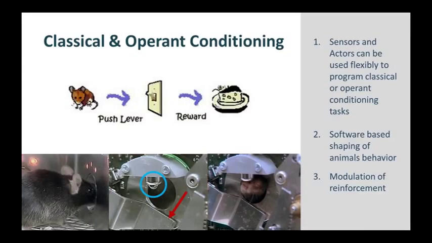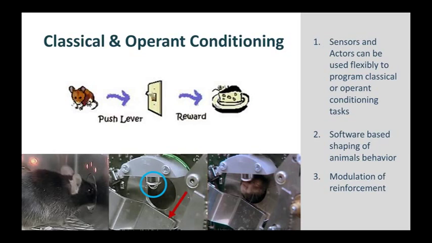Actors and sensors can be used flexibly to program a variety of different behavioral tasks, such as operant or classical conditioning paradigms. As an example, operant conditioning forms an association between a behavior, pressing a lever in a Skinner box, or nose poking in the IntelliCage, and the resulting event, for instance, access to water, which can be automatically performed in the IntelliCage.